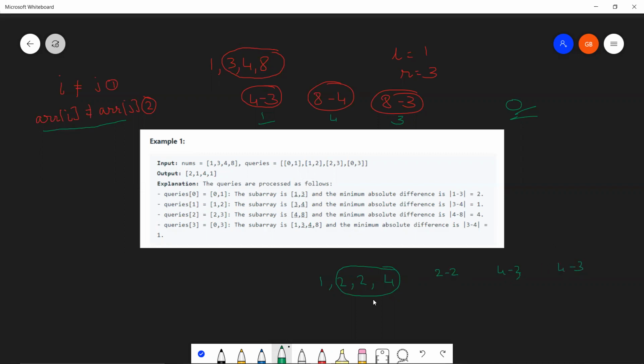This 2 represents this one, and this 2 represents this 2. So among these, we have options of 0, 2, and 2. We should not consider 0. 0 will never be in our consideration when we are finding the minimum absolute difference. We need to consider non-zero numbers. So our answer in this range would be 2.